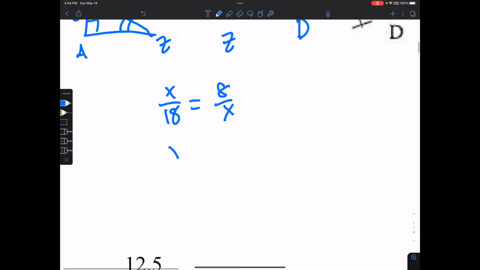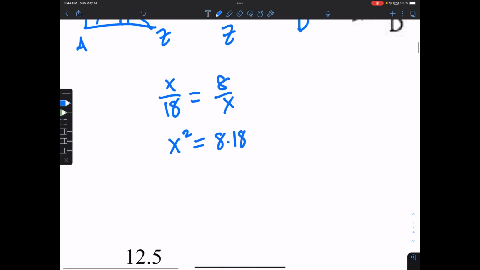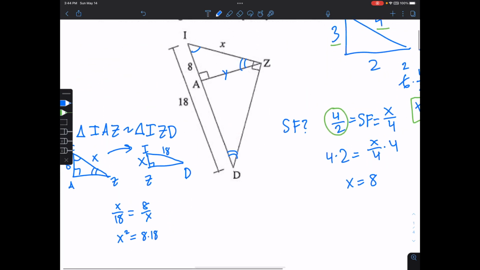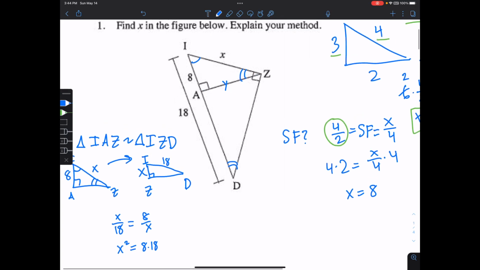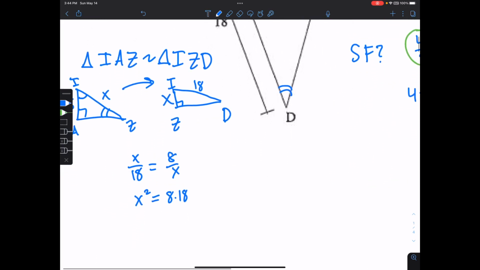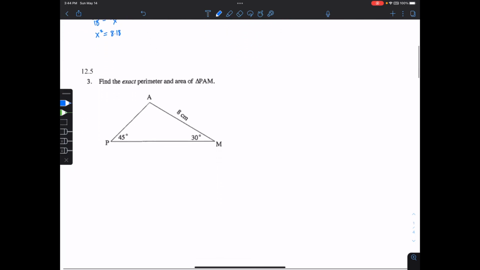Now we can cross multiply. X squared is equal to 8 times 18, right? Multiply that out and you'll get your answer. Now solving for this middle side, it just takes thinking and good basic understanding, good fundamentals, and not just plugging a formula into another formula, right?